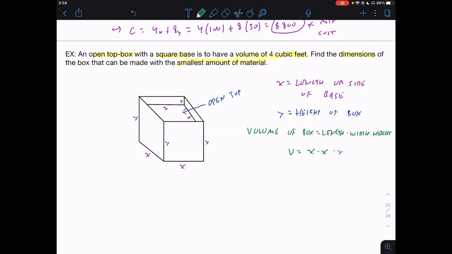In other words, our volume can be defined as x squared times y. And according to the information that's required, this volume has to equal 4 cubic feet. In other words, x squared times y has to equal 4 feet cubed.